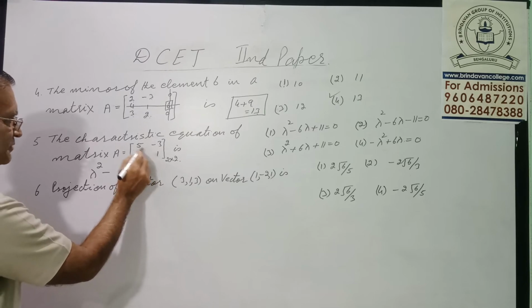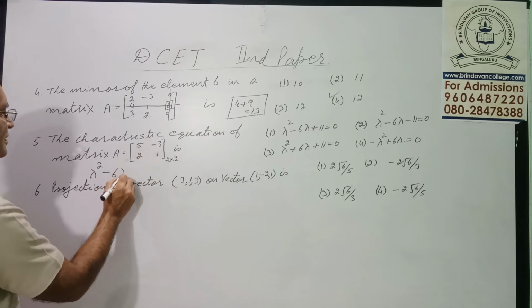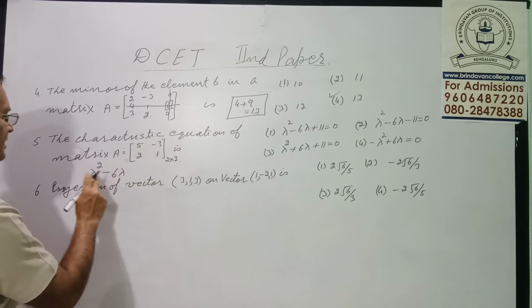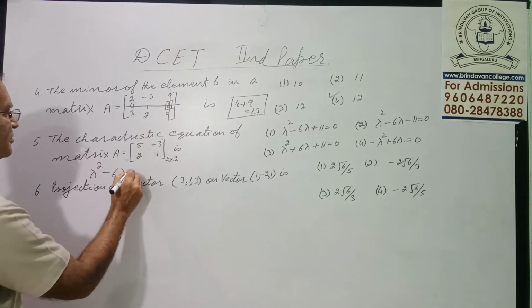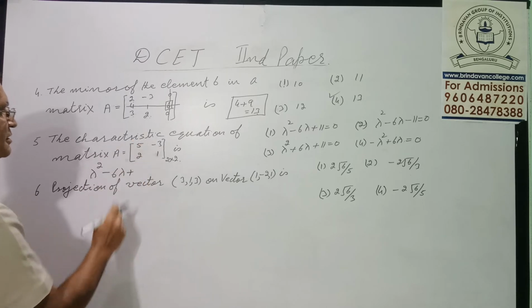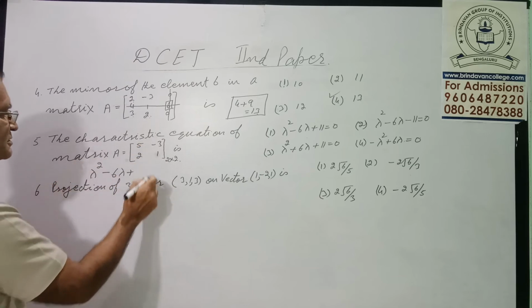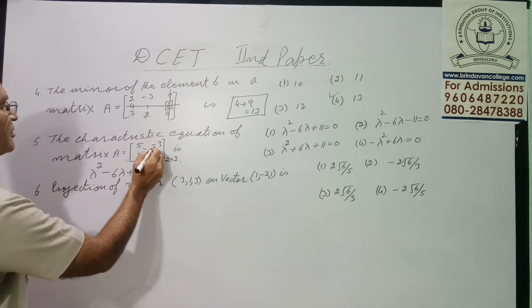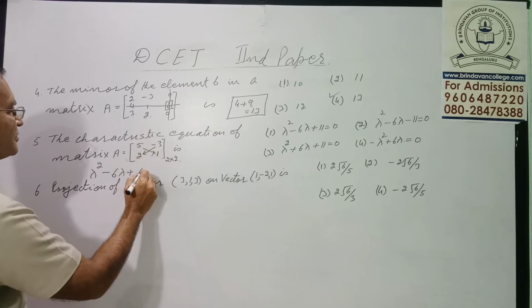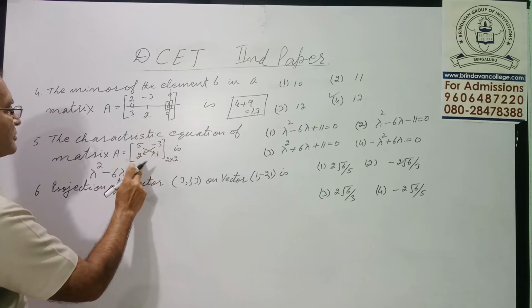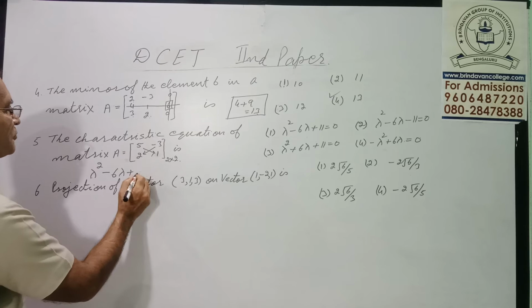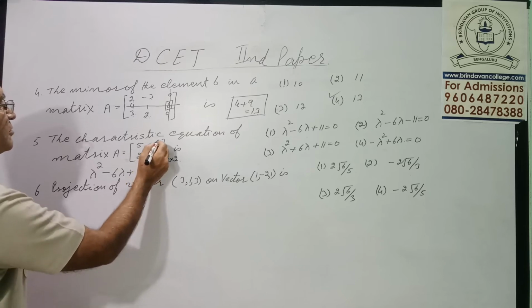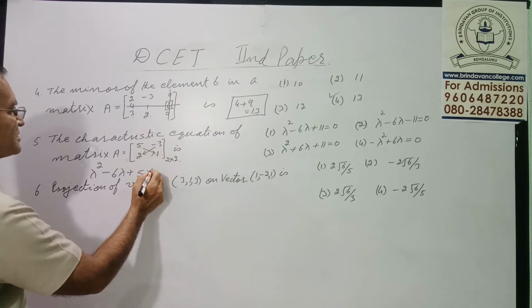Sum of the diagonals 5 plus 1 is 6, lambda. Alternate sign, plus minus then plus. Take the determinant of this. That is 5 into 1, 5. Then minus 6, change the sign, we will get plus 6.